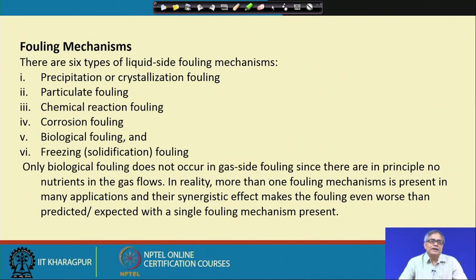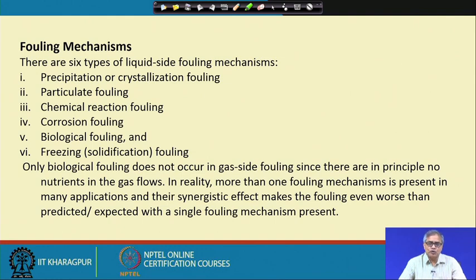In many applications, their synergistic effect makes the fouling even worse than predicted or expected with a single fouling mechanism present. That means that when there are multiple mechanisms or multiple types of fouling present, then the situation becomes bad, and sometimes one fouling promotes the other.